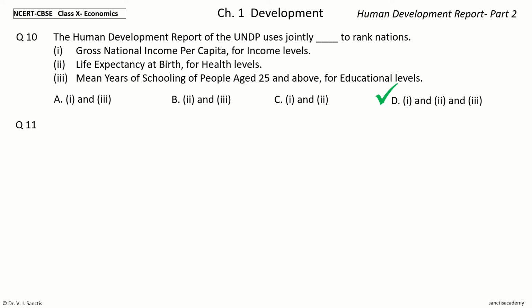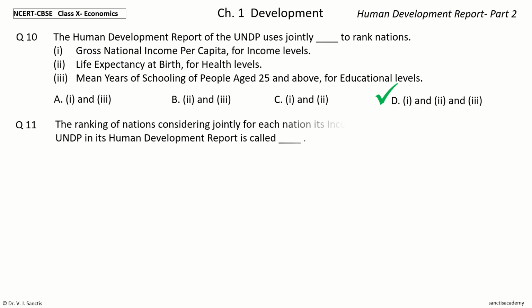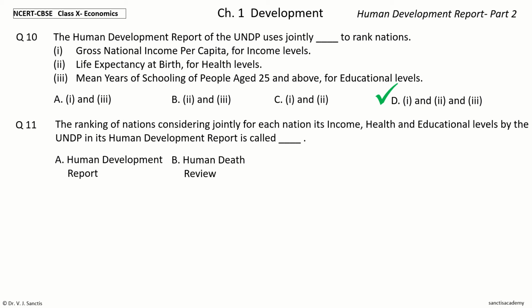Question 11. The ranking of nations, considering jointly for each nation its income, health and educational levels by the UNDP in its Human Development Report, is called dash. The options are Human Development Report, Human Death Review, Human Development Index, Help Desk and Incidentals.